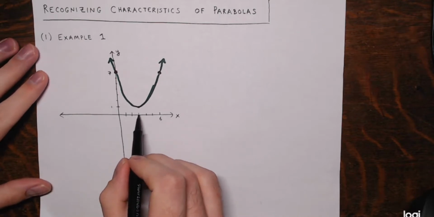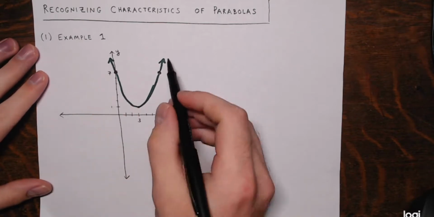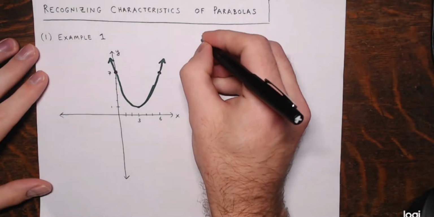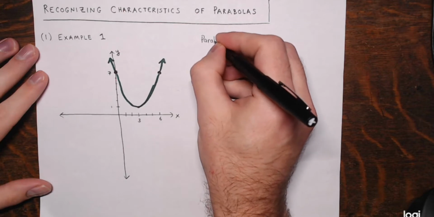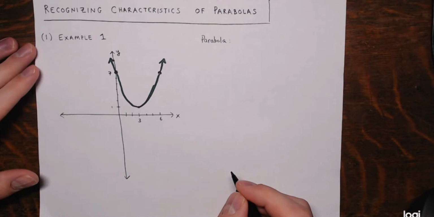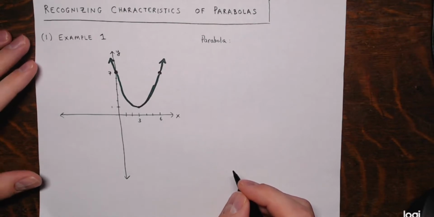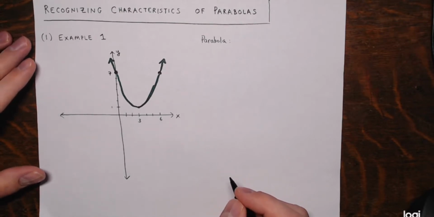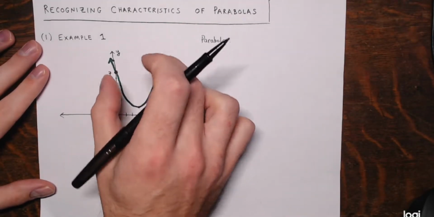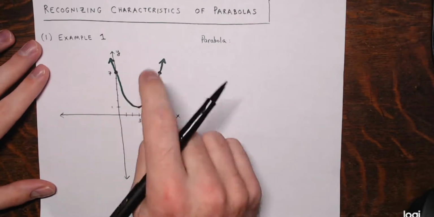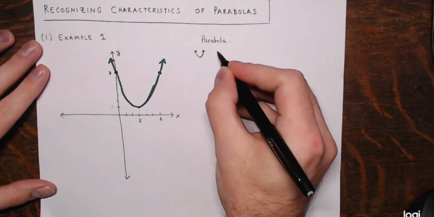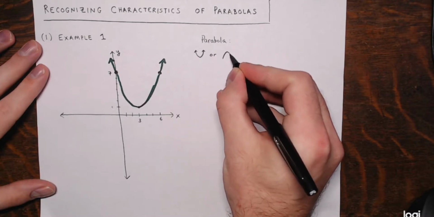Remember, a parabola is the graph of a quadratic function. The parabolas we're going to be seeing for the most part in this chapter 5 of the Algebra and Trigonometry OpenStax textbook are going to be parabolas that open up like this. The curve is opening upward or down. So a parabola is going to be some curve opening up like this or opening down like this.